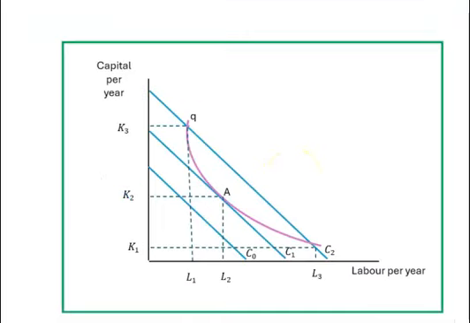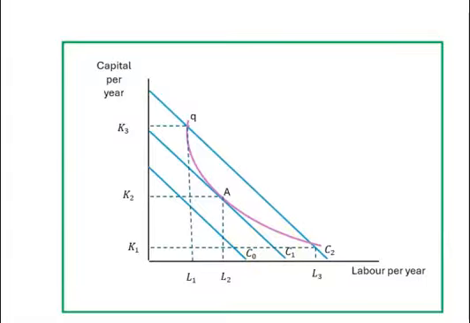You will recall that in our production lesson, we explained that the Isoquant curve shows all the different combinations of labor and capital that produce the exact same amount of output. So where does the firm minimize its cost given the Isoquant curve and given the Isocost line?